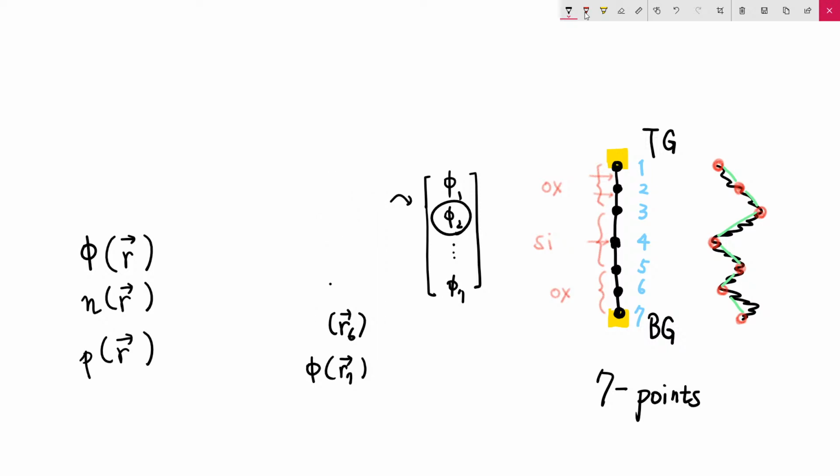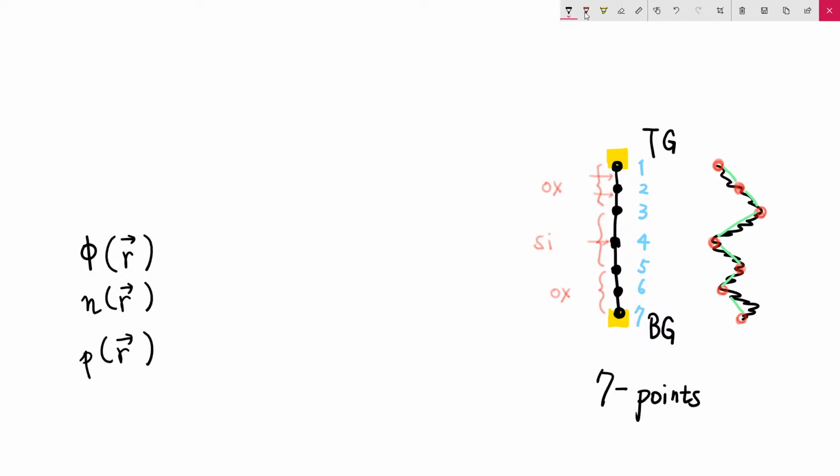If you just adopt our naive approach to define our quantities everywhere, then you will say, I need phi 1 up to phi 7, and I need N1 up to N7, and also I need P1 up to P7.